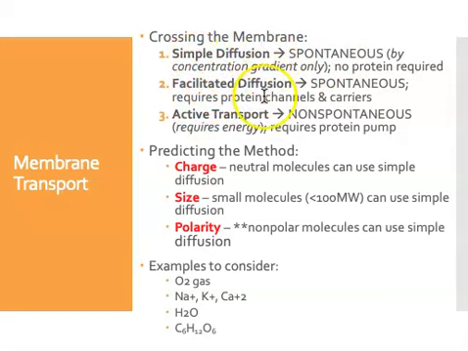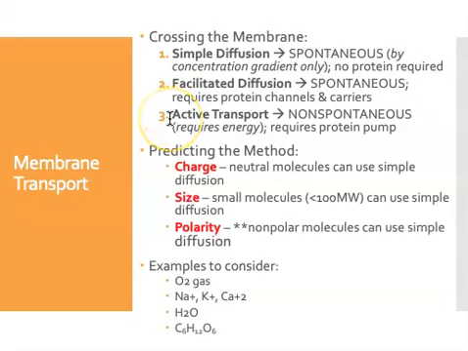The difference between these two is that simple diffusion moves the molecule through the phospholipids. No protein is required. And facilitated diffusion requires a protein. There are two kinds of proteins that perform this job of facilitated diffusion. There are protein channels and there are protein carriers.